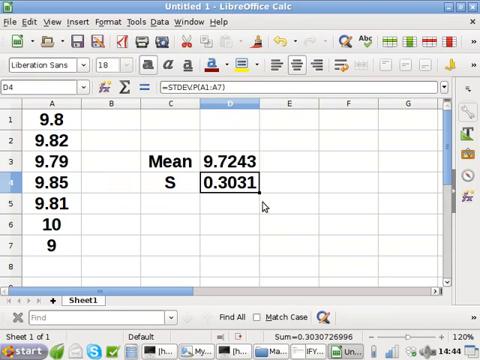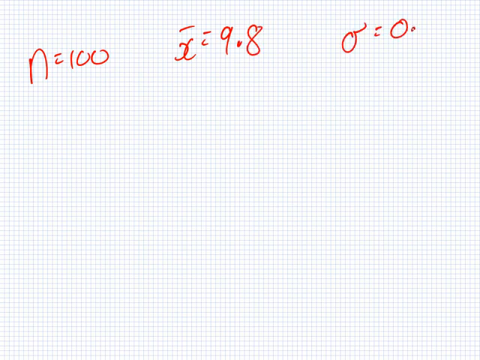In fact, when it comes to problems like this, the situation is actually better. Let me just draw it here. Let's say I did the experiment 100 times, and I got an average of 9.8 and a standard deviation of 0.1. That's pretty good, isn't it?